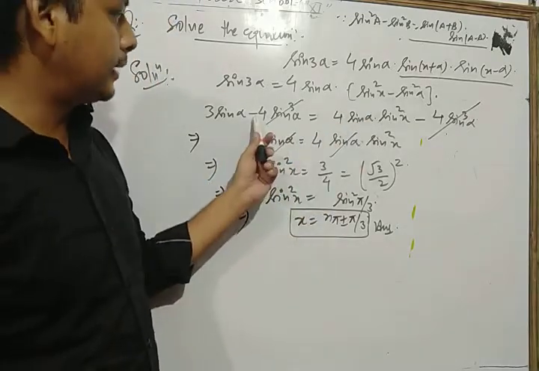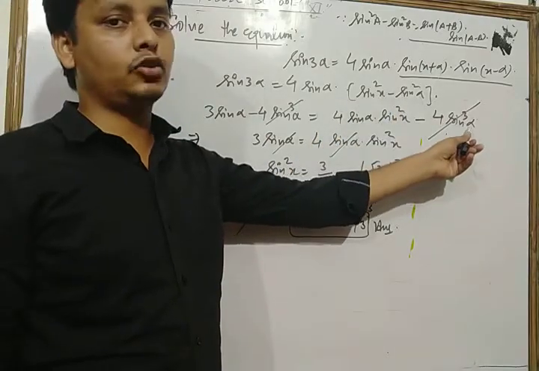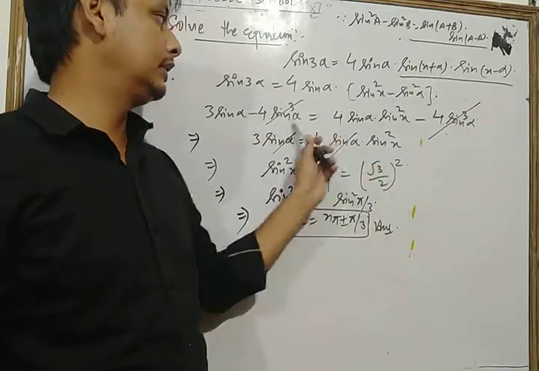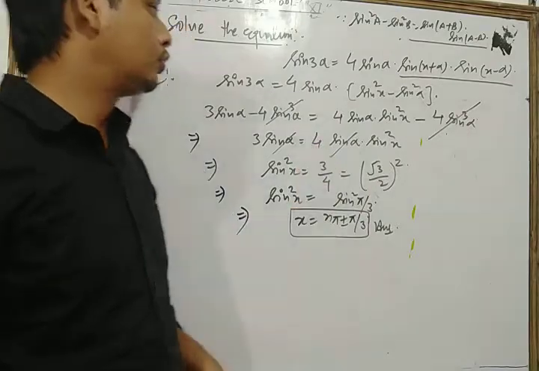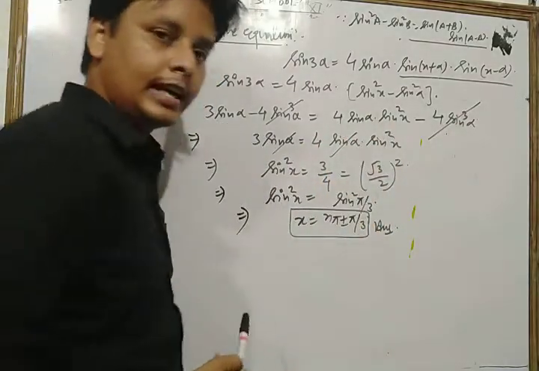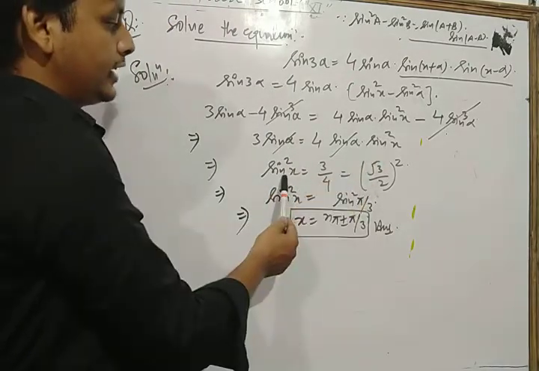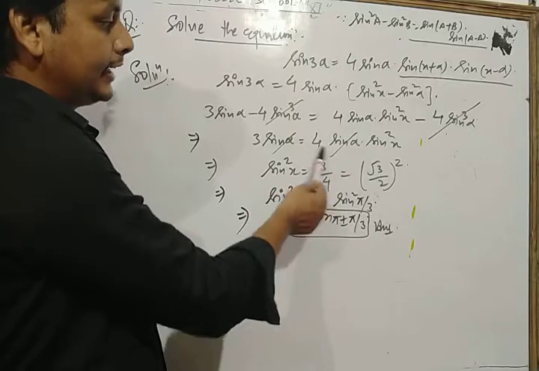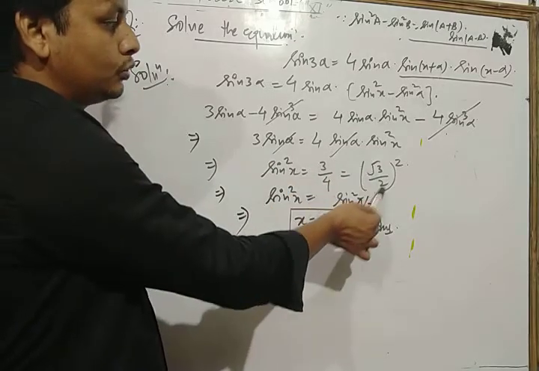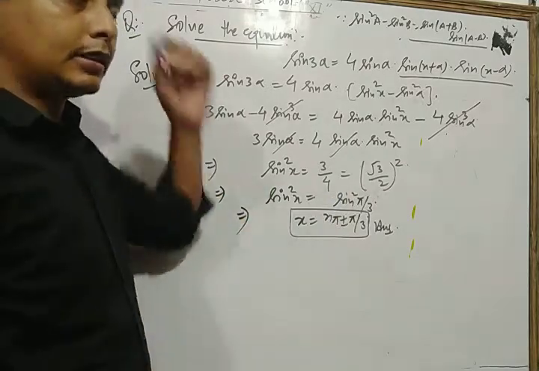Now minus 4 sin cube alpha on that side and minus 4 sin cube alpha on the other side cancel each other. So the left value is 3 sin alpha is equal to 4 sin alpha into sin square x, and sin alpha cancels. So we get sin square x is equal to 3 by 4, and we write 3 by 4 as root 3 by 2 whole square, and this is the value of sin 60.